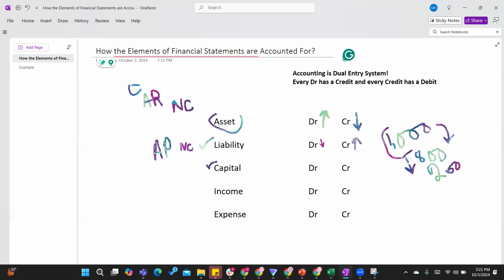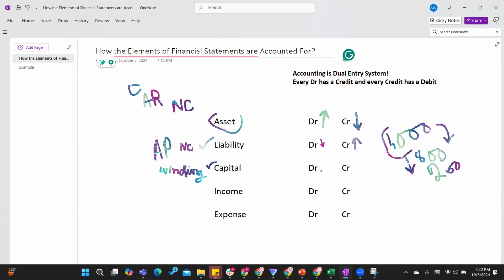Capital is something that the shareholders invest in the business. So whenever the business is going to wind up, close up, or dissolve anytime in the future, we need to pay all the money back to the shareholders. So capital is also a kind of liability. It's something the business owes to the shareholders.